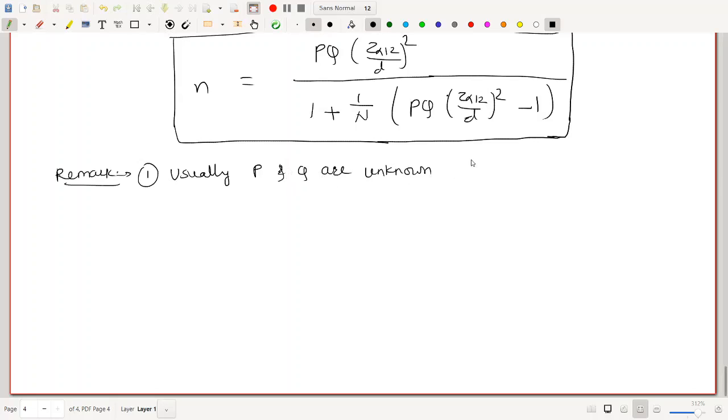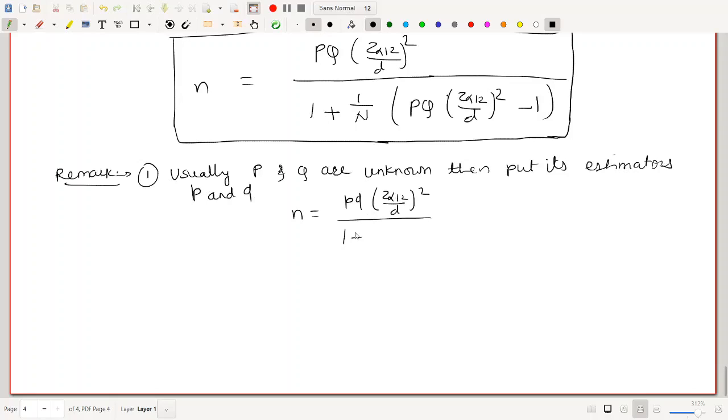These are population parameters, so these are usually unknown. Then put its estimators, small p and small q. So after putting their estimators, this formula will be small pq (z alpha by 2 by d) square divided by 1 plus 1 upon N small pq (z alpha by 2 by d) square minus 1.